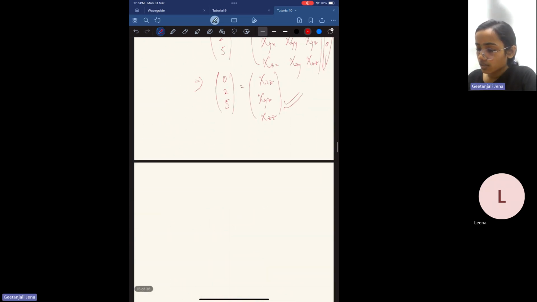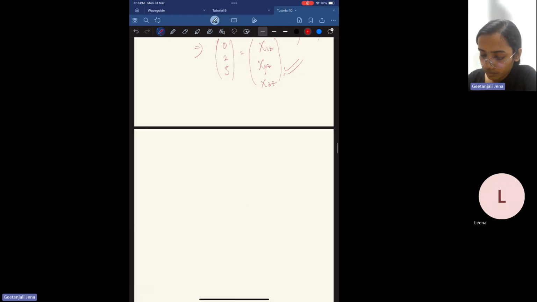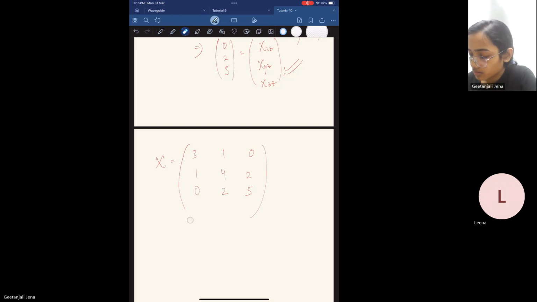So you can just write the complete chi matrix: (3, 1, 0), (1, 4, 2), (0, 2, 5). So this is the answer.